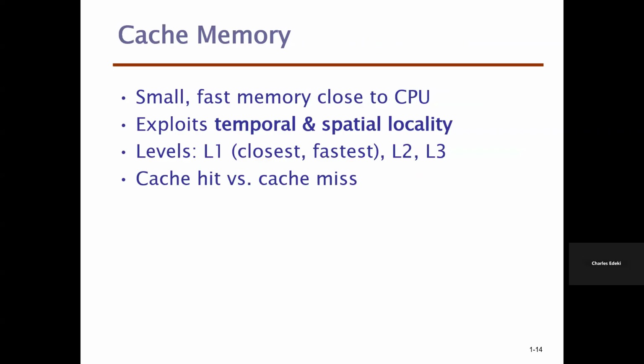Yeah, so that's cache. Cache, as it says over there, is a small and fast memory, also close to the CPU, in terms of the main memory and the CPU. Again, cache is faster, but of course, cache is slower than register. And cache is bigger in capacity than register.